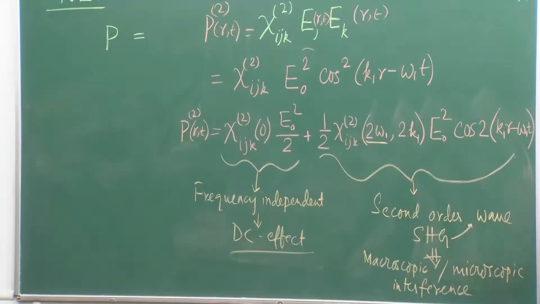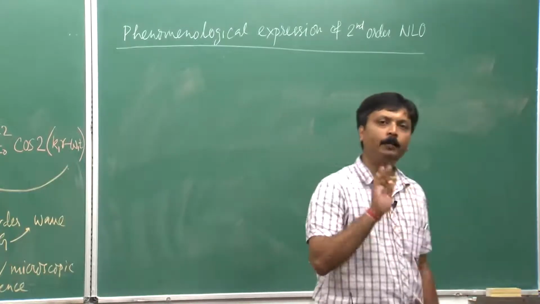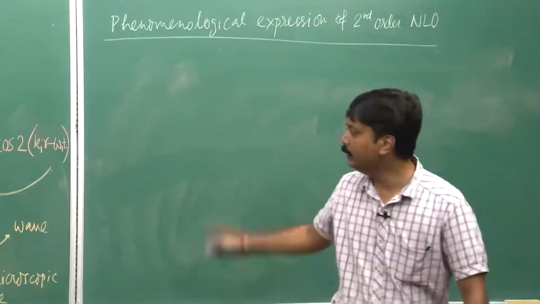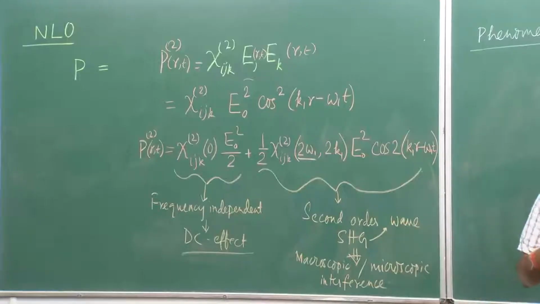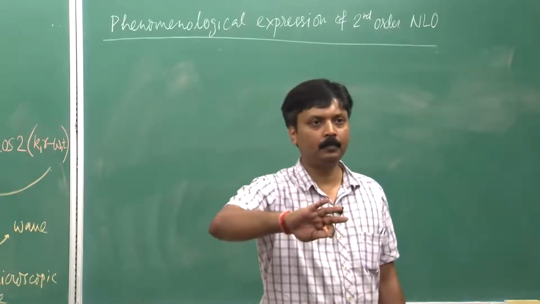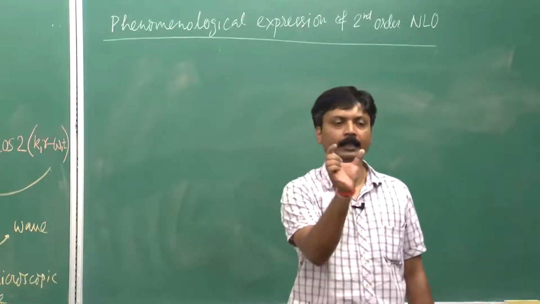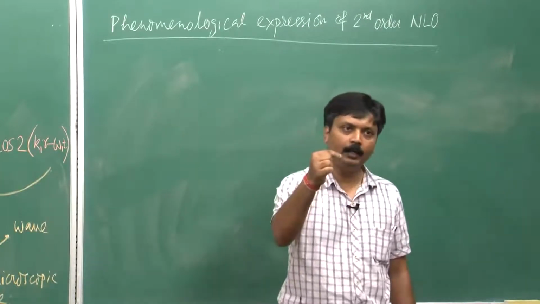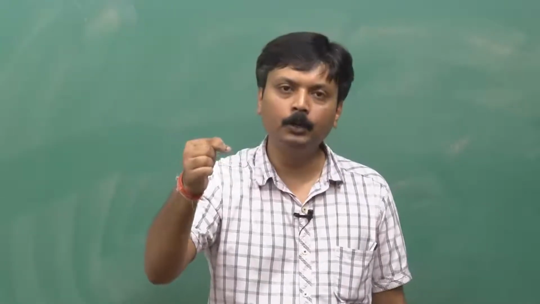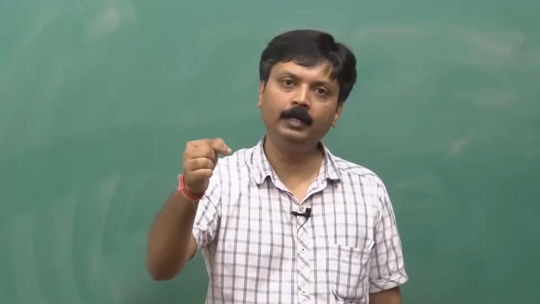Now the thing is, the fundamental wave creates the polarization at the second harmonic frequency, and thus the second harmonic wave will be created. The fundamental and second harmonic will pass through the crystal, because I have a physical object, say a crystal. I am sending the fundamental, and in the due process I have created the second harmonic.